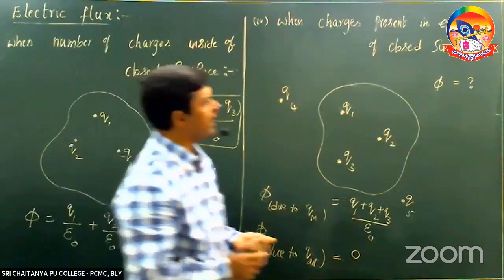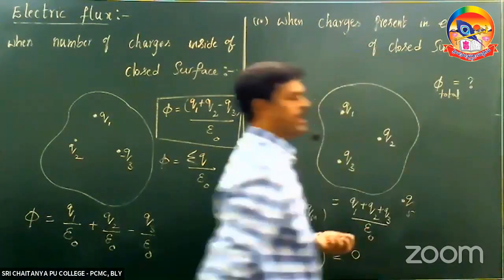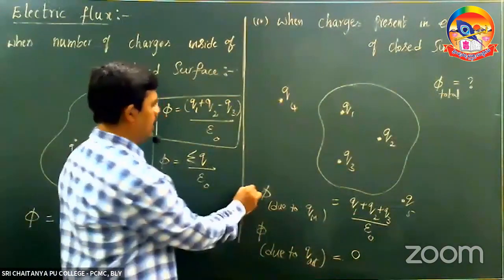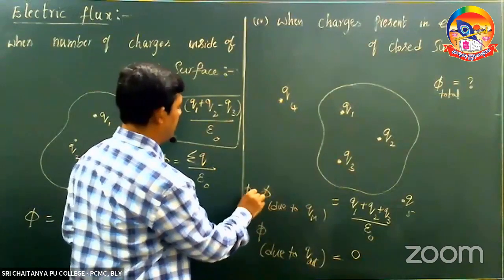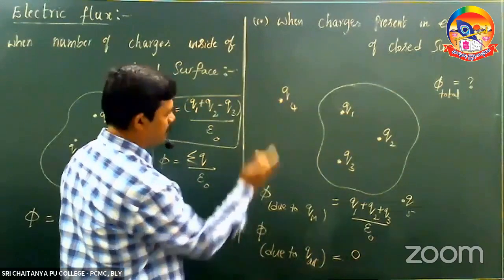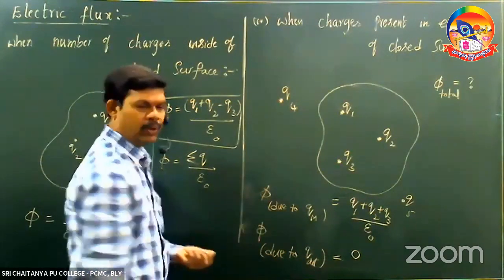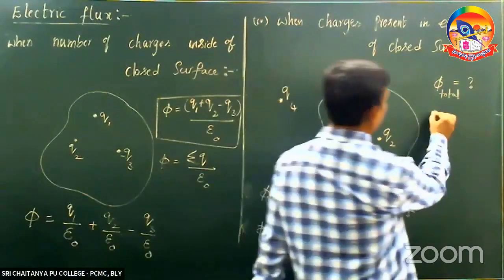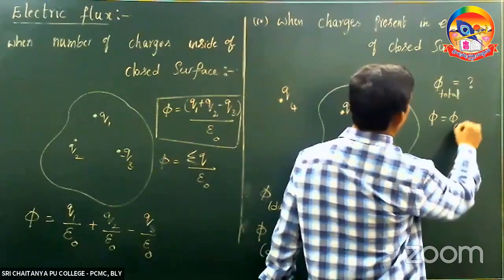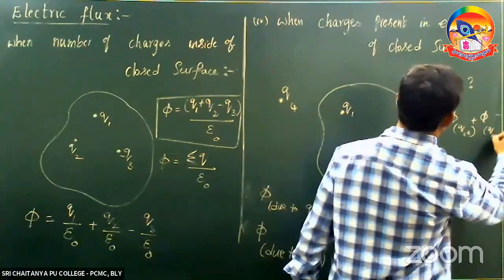Now, what is phi, the total flux linked with this? Simple. It is phi due to Q in and phi due to Q out, so I add those two. Phi due to Q in, phi due to Q out.